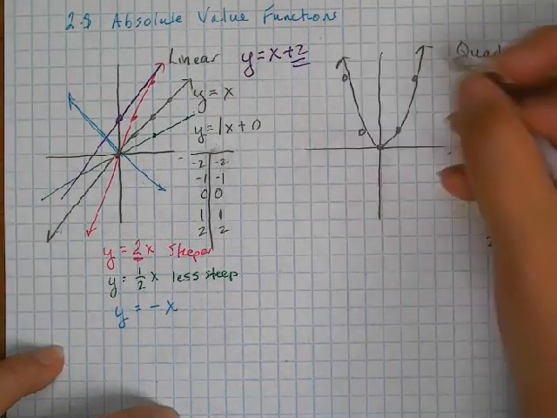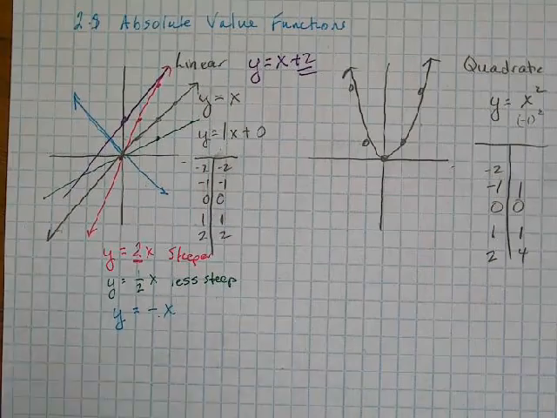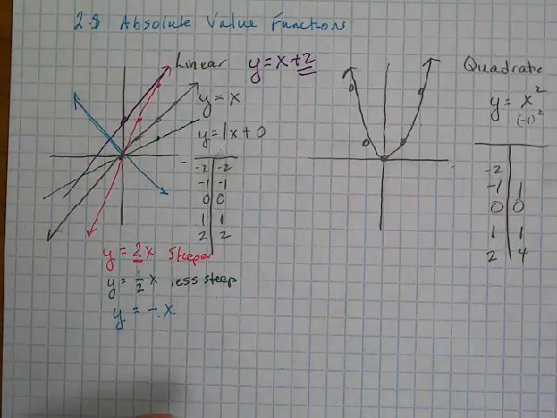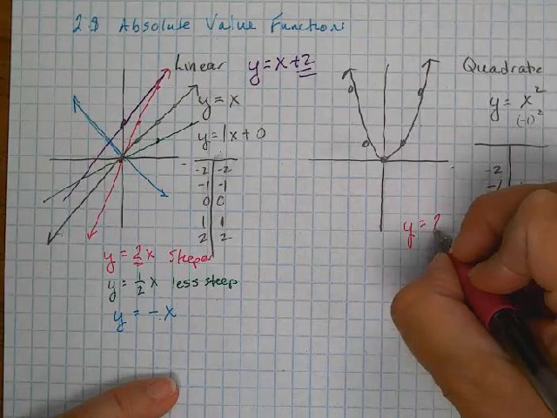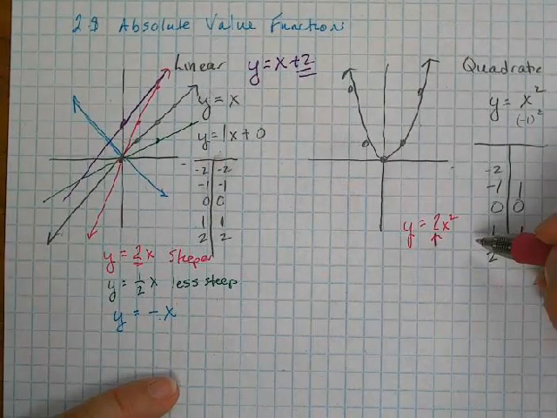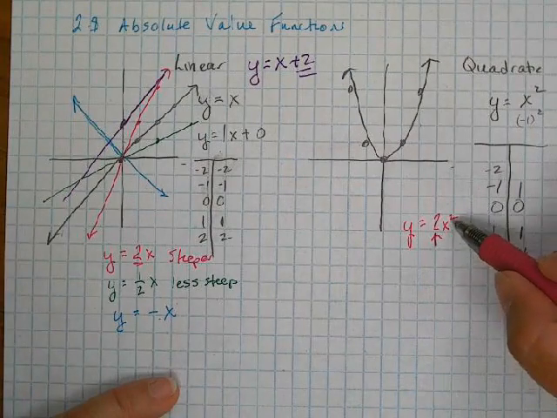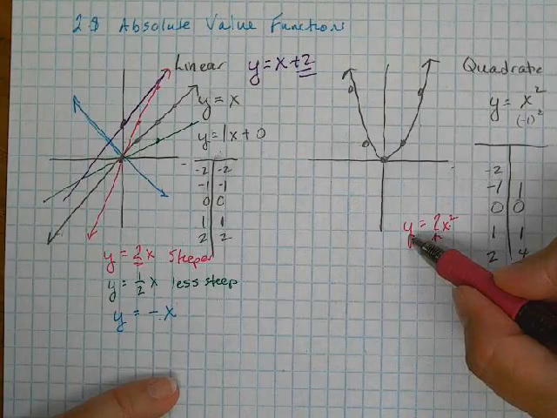And we're going to talk more extensively about quadratics in the next couple of units. But let's think about this. If you put a number in front of x, like y equals 2x squared, what that's going to do is, after I square the x, it's going to double in order to get the y value.